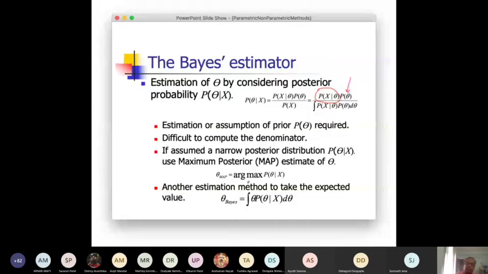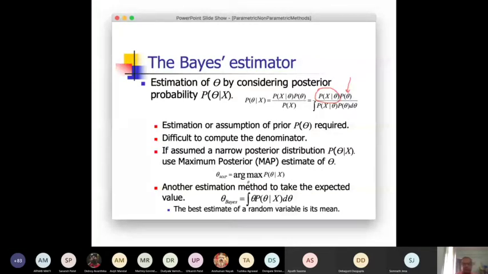So this computation is like the maximum likelihood estimation based approach. And this is one reason that maximum likelihood based estimation is more popular. However, wherever you have a means to do this computation, this is more sound, as we have already considered.